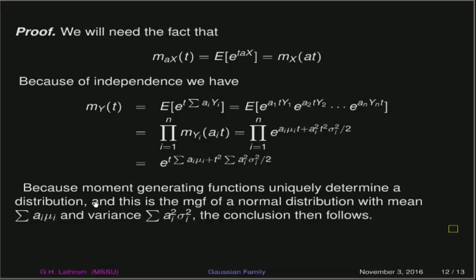The moment generating function determines the distribution. The distribution uniquely determines the moment generating function. And so they're kind of mirror images of one another. Once we know one, we know the other.